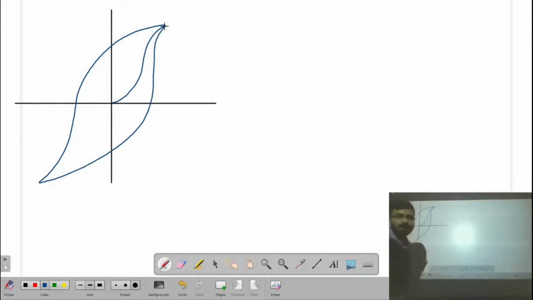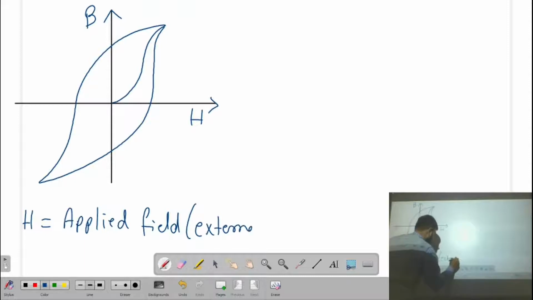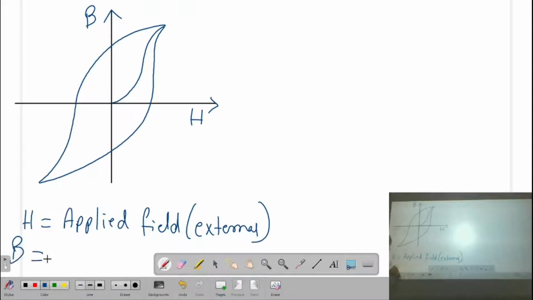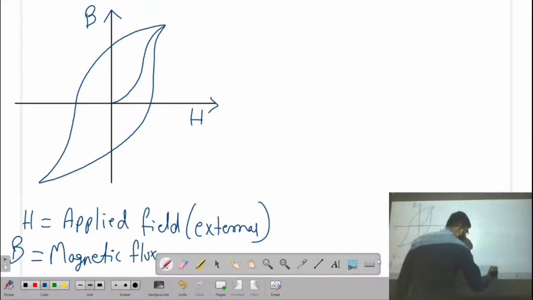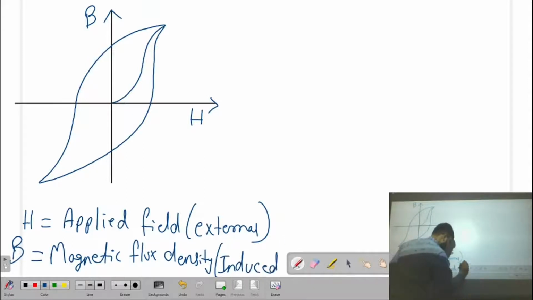Right? This is nothing but the hysteresis curve. Over here, this is H, this is B. H is the applied field, that is external, and B is the induced magnetic flux density, that is induced.